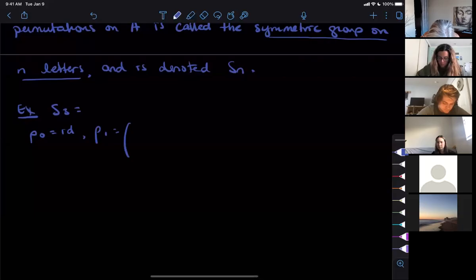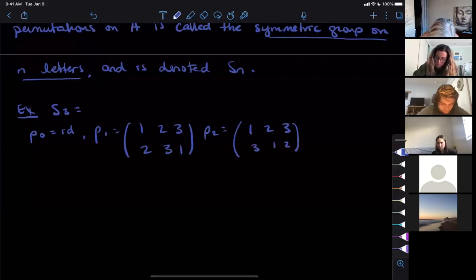Let me just put them all in. Then row 2, and then let's have mu1. So these are all the different ways we can shuffle things around.